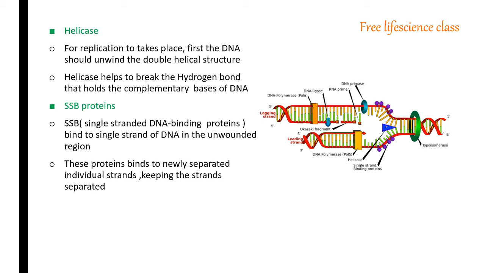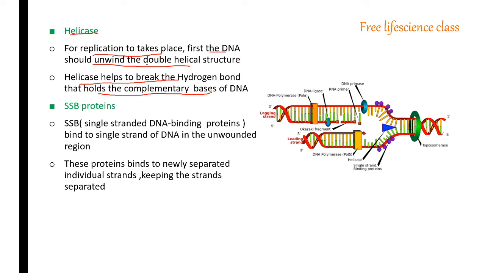Then only can the helicase bind in that place. So what is the role of helicase? For replication to take place, the DNA should unwind the double helical structure. So helicase helps to break the hydrogen bonds that hold the complementary bases of the DNA.